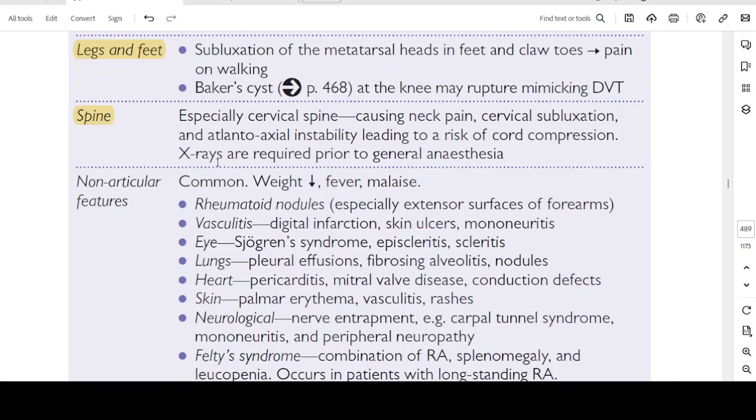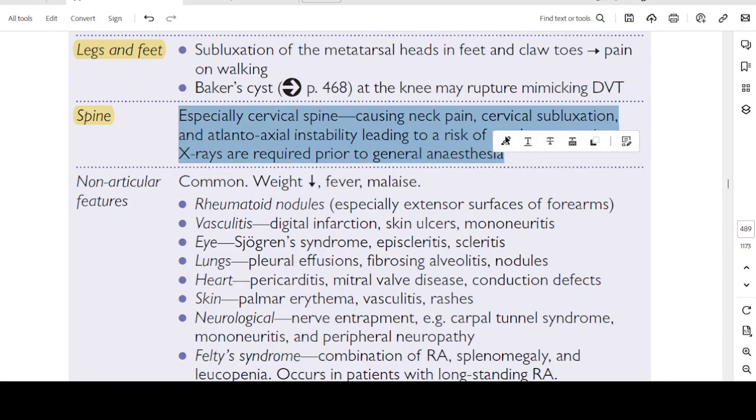X-rays are required prior to general anesthesia. So in rheumatoid arthritis, first you have to do an X-ray of the spine because there can be cervical subluxation or atlanto-axial instability leading to risk of cord compression. X-rays are required prior to general anesthesia.